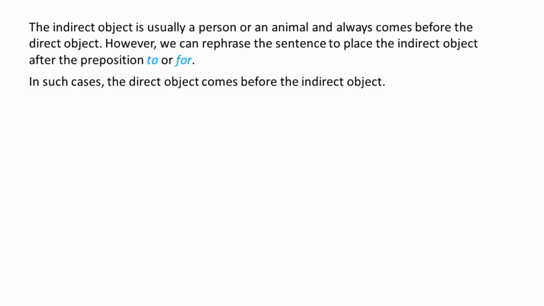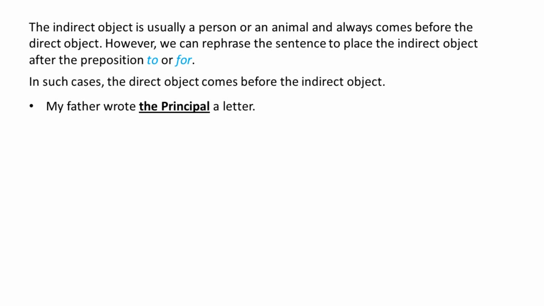You will understand better by looking at these examples. My father wrote the principal a letter. Here, my father wrote what? A letter. So a letter is the direct object and the principal is the indirect object.